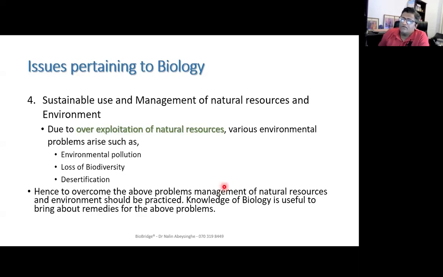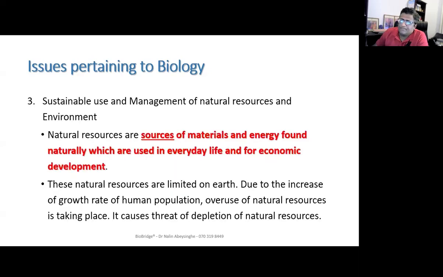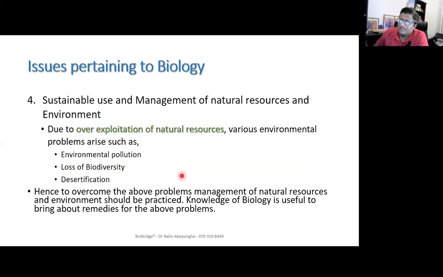Then, due to overexploitation, because of the increasing growth rate of humans, there is overutilization, overexploitation of natural resources, right? Because of that, various environmental problems arise.